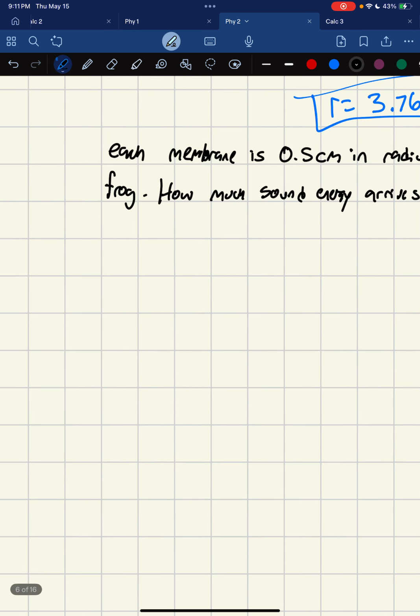Okay. So I am looking for how much sound energy. So I'm looking for energy. It looks like I'm looking for power.